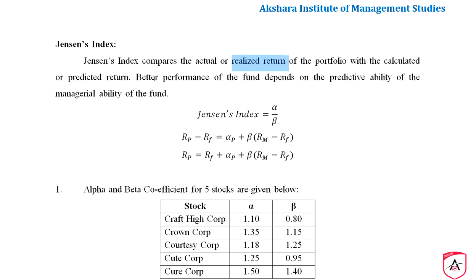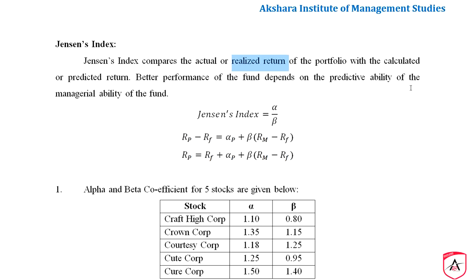Better performance of the fund depends on the predictive ability, the managerial ability of the fund, which means that if the calculated value of a manager is equal to the actual return which he got from the market index, that is called Jensen's index.